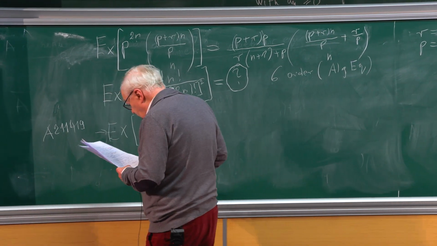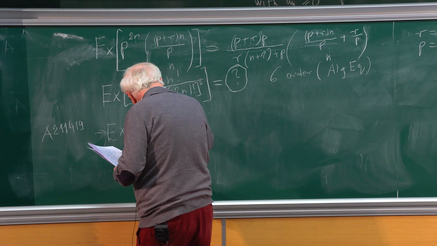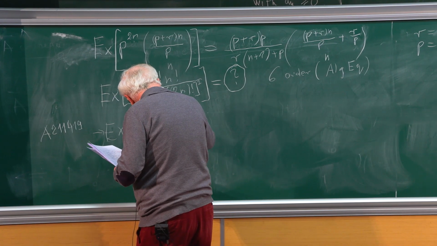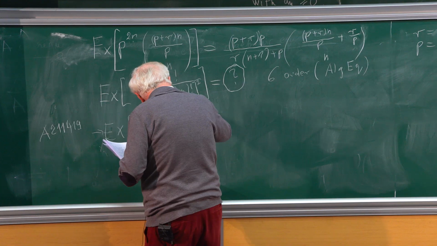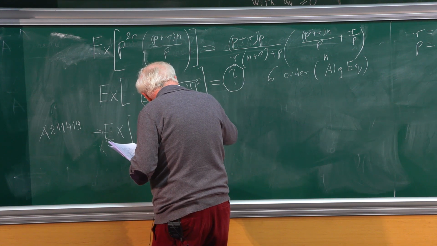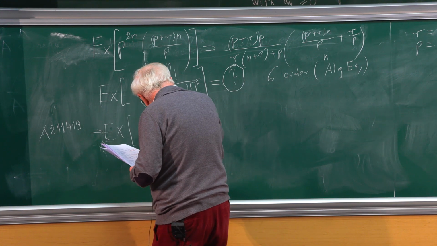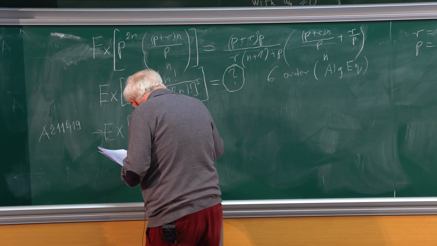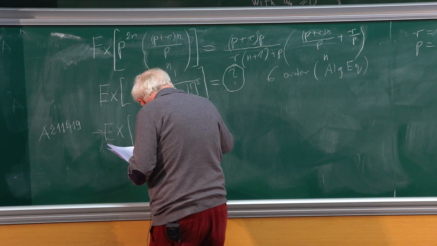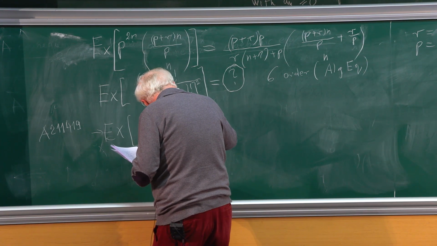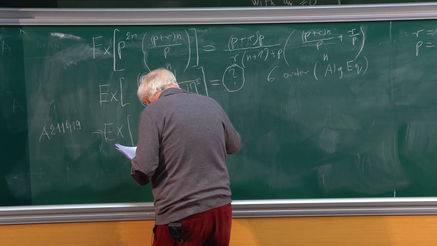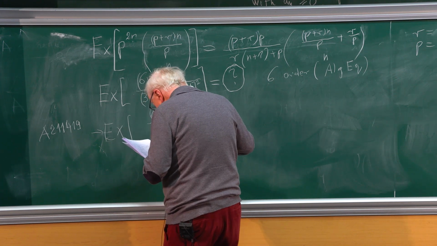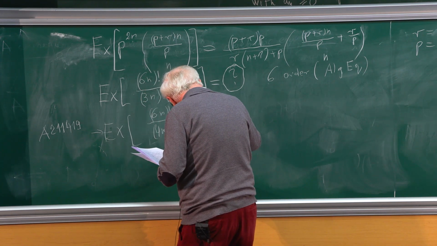So I will write them here: 6n factorial, 2n factorial, 4n factorial, 3n factorial, and n factorial.